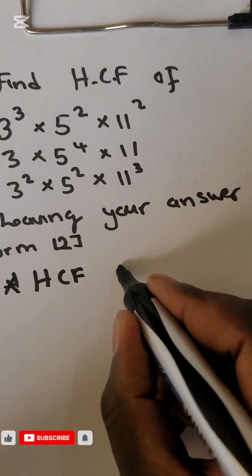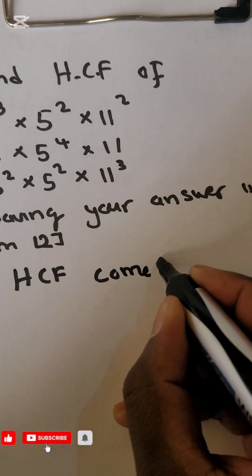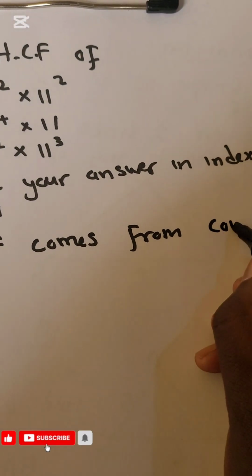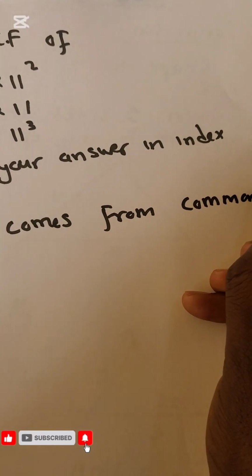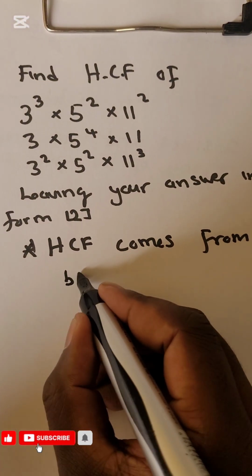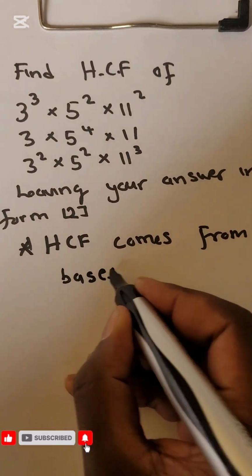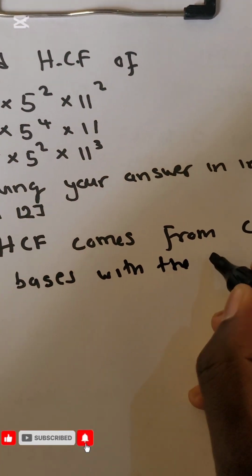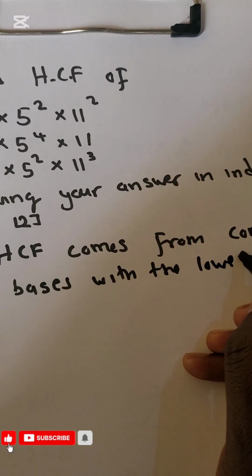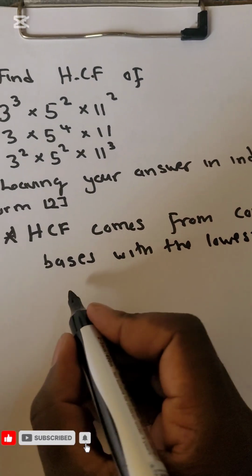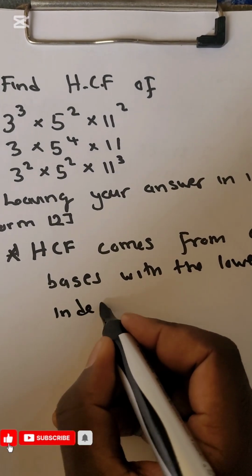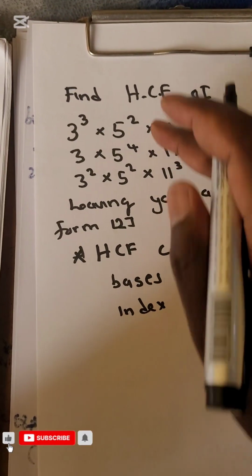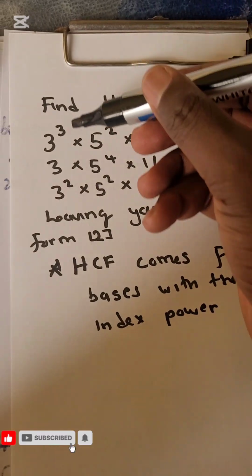HCF comes from the common bases with the lowest, or some would say the least, index power. Lowest index power. So common bases. 3 is common right here.